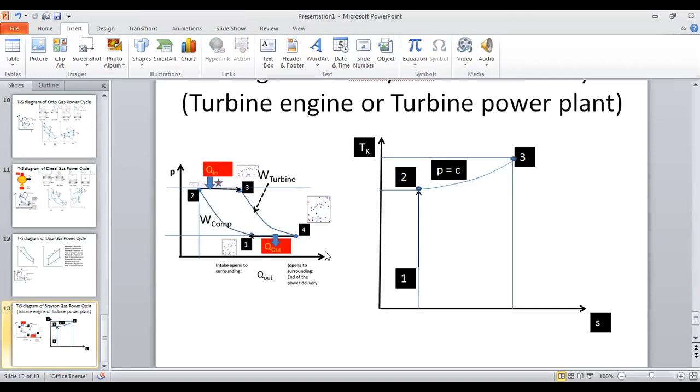Then 3 to 4, it is the reverse of 1 to 2, because isentropic expansion.